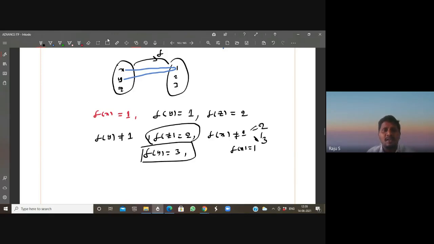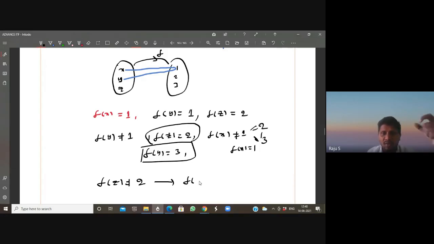At last, the last one is f of z not equal to 2 condition, which implies f of z I want to take as not equal to 2. And what about f of x?